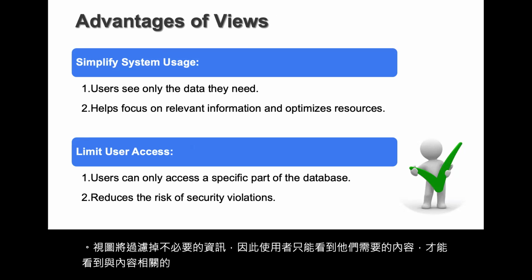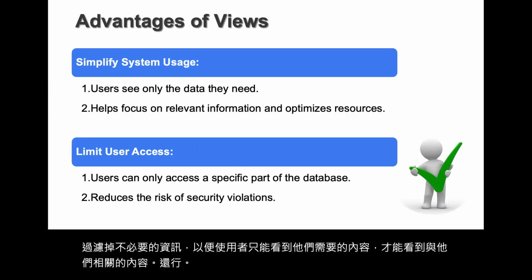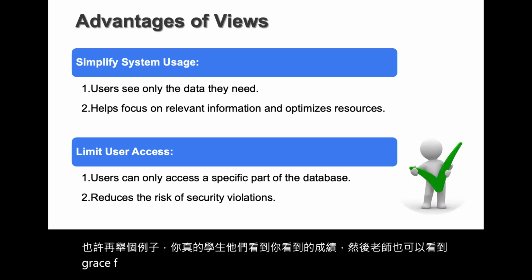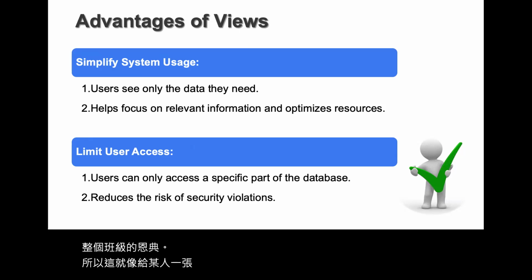For example, you as students see your grades, and the teacher can also see the grades for the entire class. It's like giving someone a map that only shows the places they need to go, not the entire world.